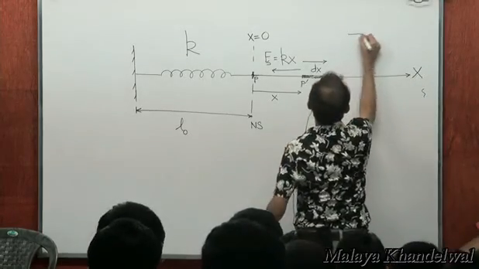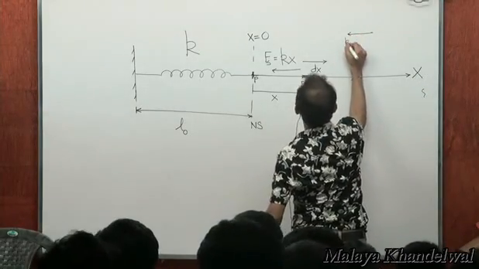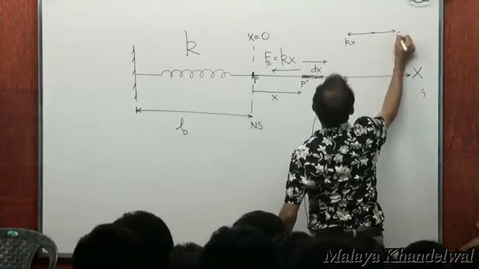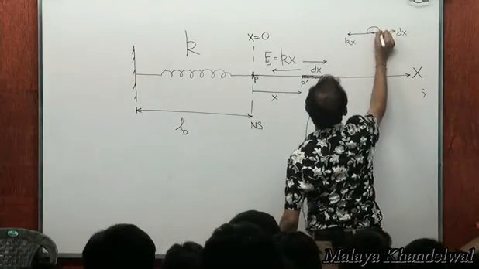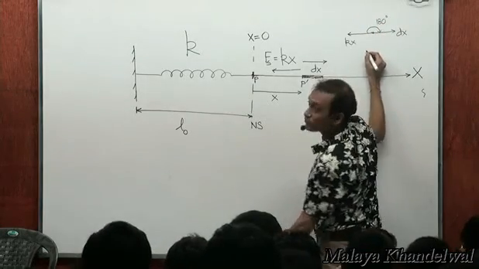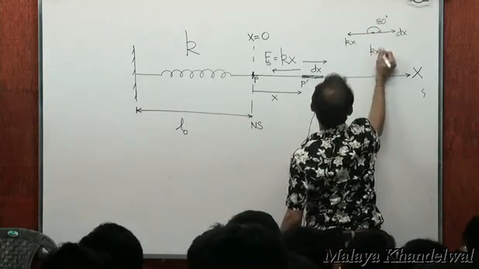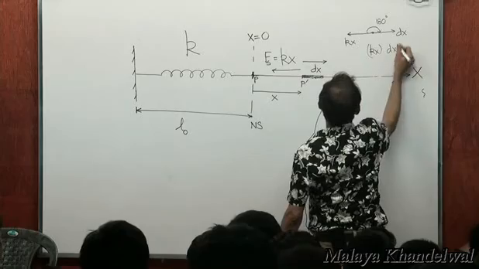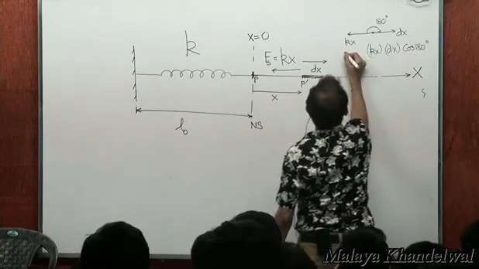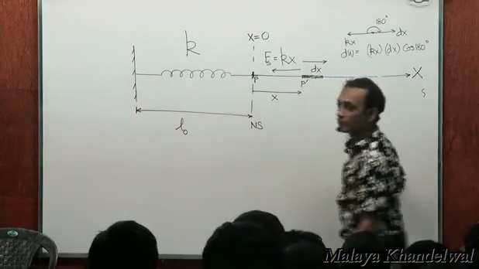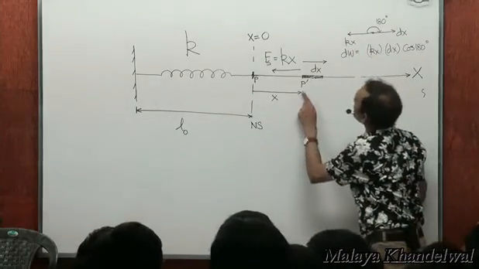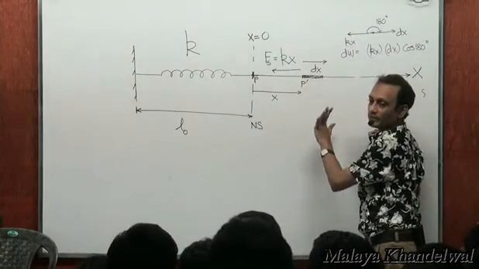The spring force is leftwards kx, the displacement is dx rightwards. What's the angle between force and displacement? 180 degrees. What's the work done by this force? Magnitude of the force into magnitude of the displacement into cos 180 degrees, right? That's the work done. x is the elongation till this point of the spring.